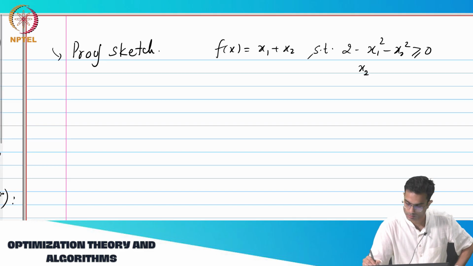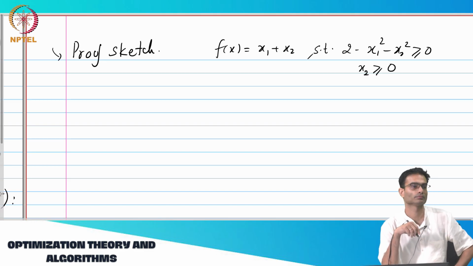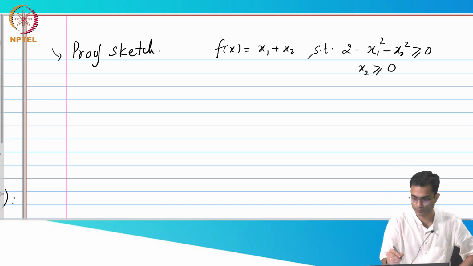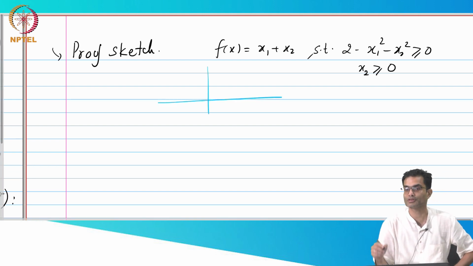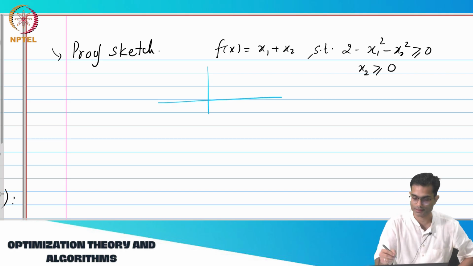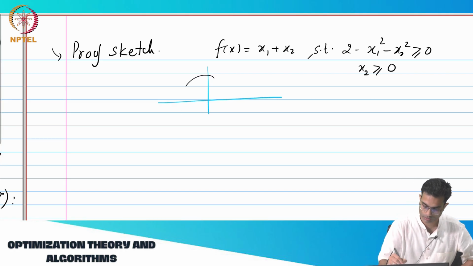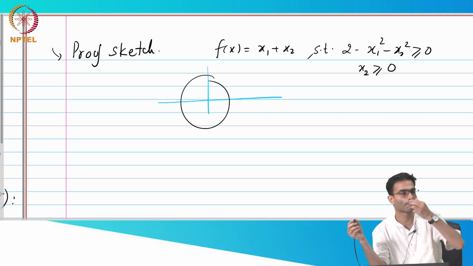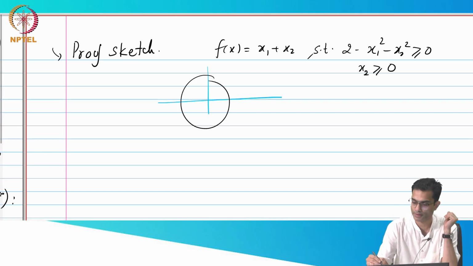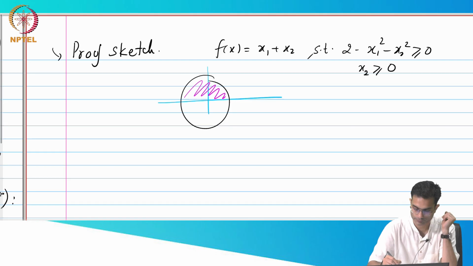We did this example once before. This was two inequality constraints. This is that example. So I am here. What is the feasible set? Upper disk, right? Upper disk is my feasible set.